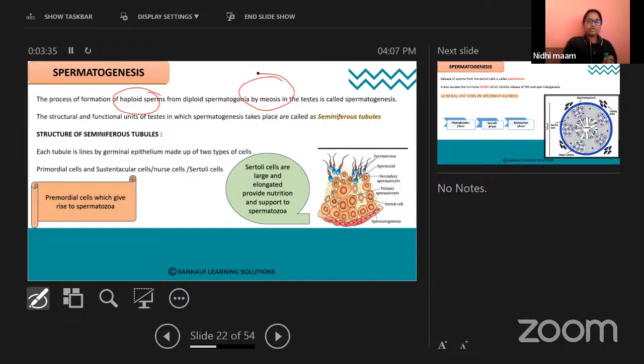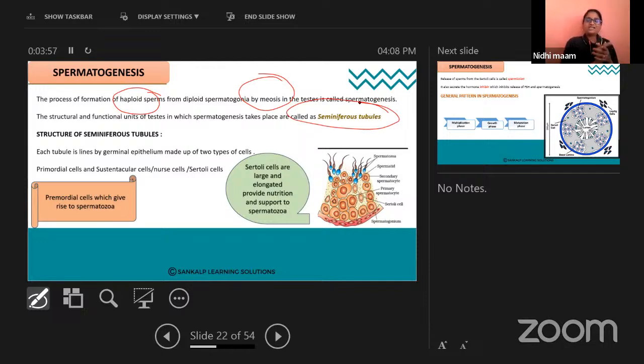Next, the structural and functional units of the testes in which spermatogenesis takes place are called seminiferous tubules. Who does sperm formation? The testis. In which part of the testis does spermatogenesis or sperm production happen? That is the seminiferous tubules.